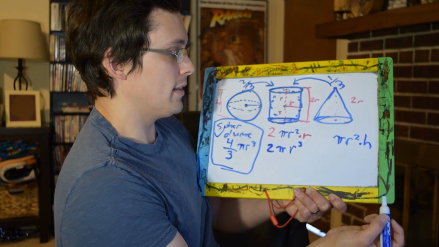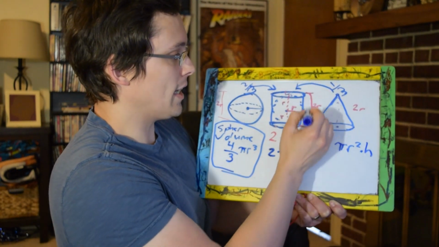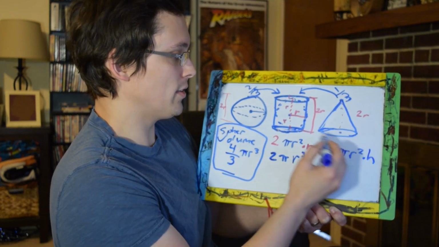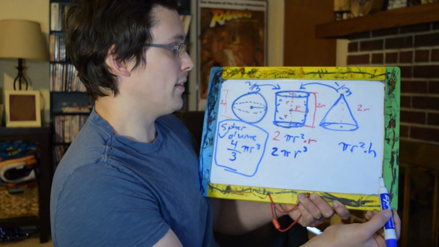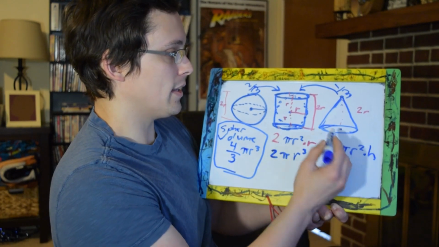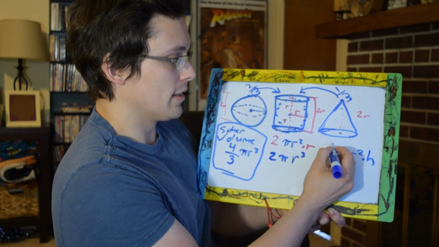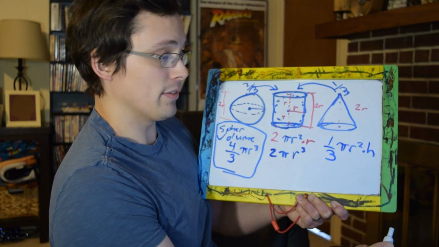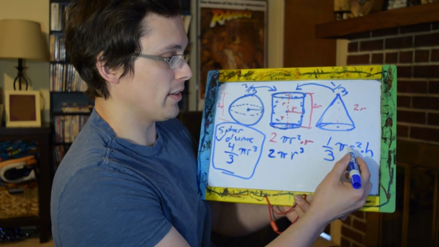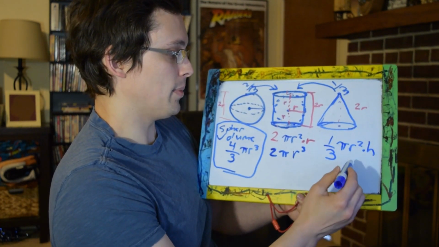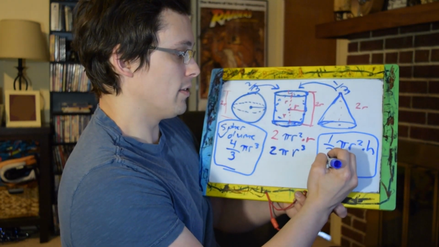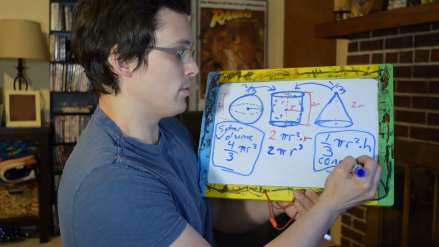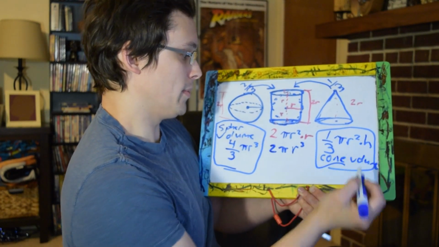And in this case, the height happens to be 2r, but in general, the cylinder volume is pi r squared times the height. And then we can just think of this as being 1/3 of that. So we can just do 1/3 in front. Or the other way of thinking about it is pi r squared times the height divided by 3. So that is the volume of a cone. So that's the cone volume formula.